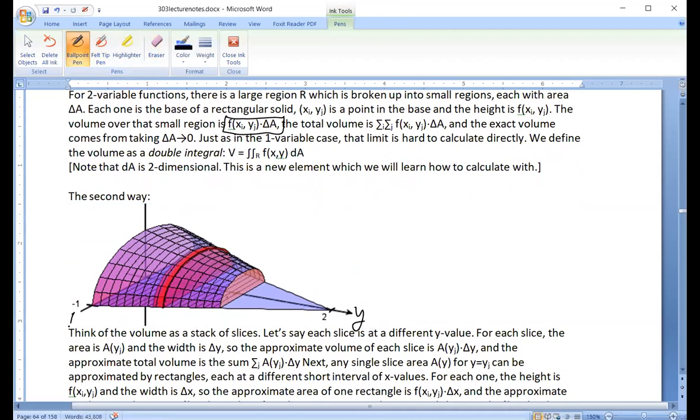Here's my y-axis. Here's my x-axis. And notice that we see the front of a slice right there. Each slice is at a different y value.